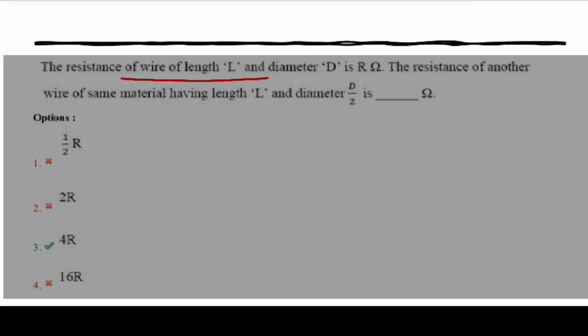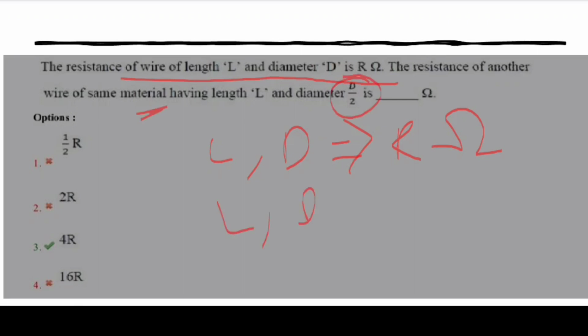The resistance of a wire of length L and diameter D is R ohms. Another wire of the same material and same length L, but with the diameter halved, what about its resistance?